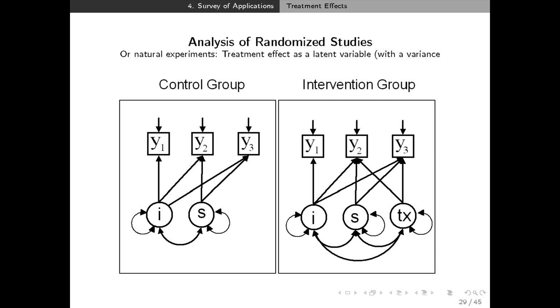It views the treatment effect not as a dummy variable effect, treatment versus control, but as an additional latent change factor that's only exhibited in the intervention group and not shown in the control group. This has been shown to be more powerful than ANCOVA analysis for RCTs. They use simulation studies.